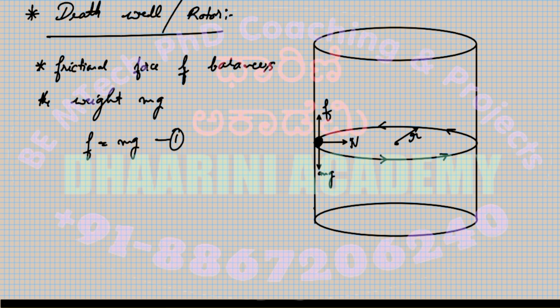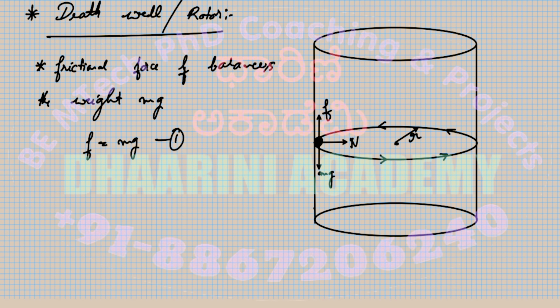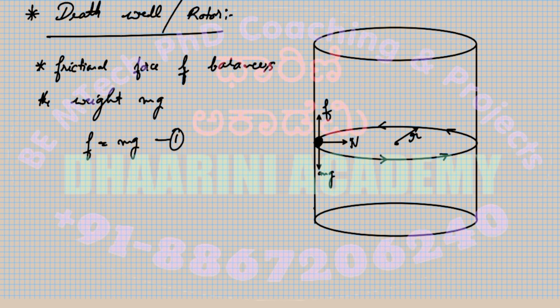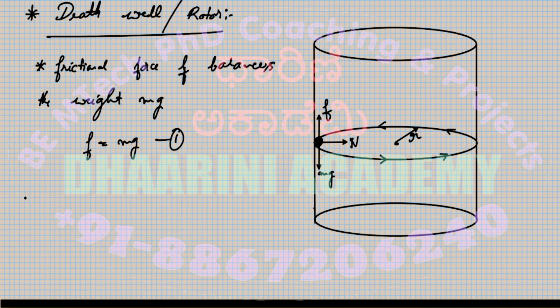That's the first equation. And the second equation comes because we need a centripetal force. We need to keep attracting the object towards the center of the circle if the object has to move around that circular path, right? That's the requirement. So obviously it means that the reaction N provides the centripetal force of the circular motion.